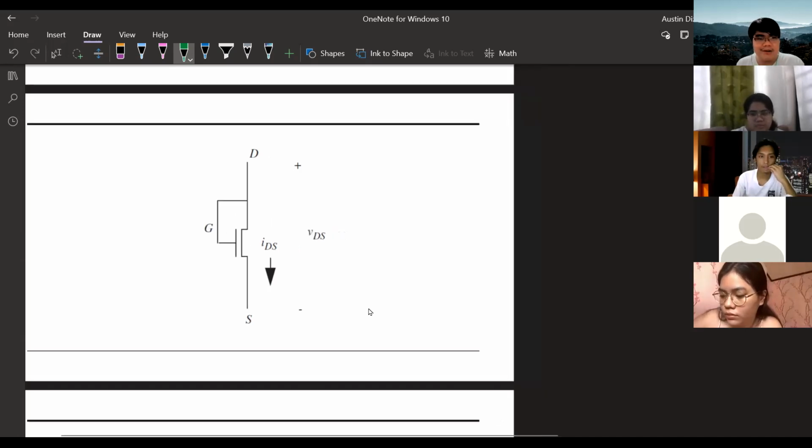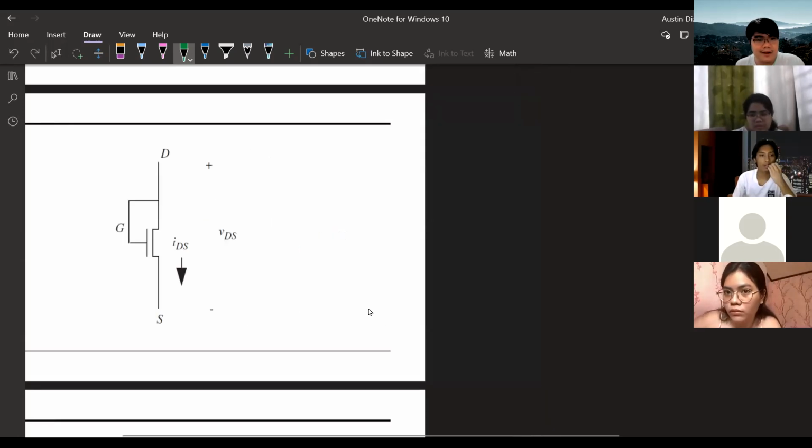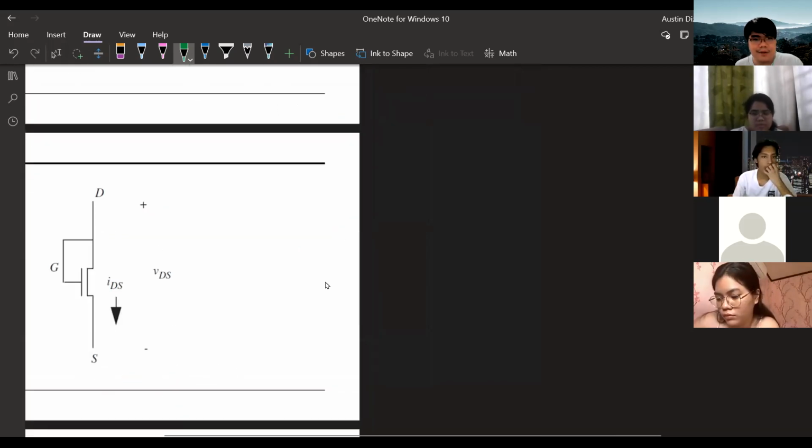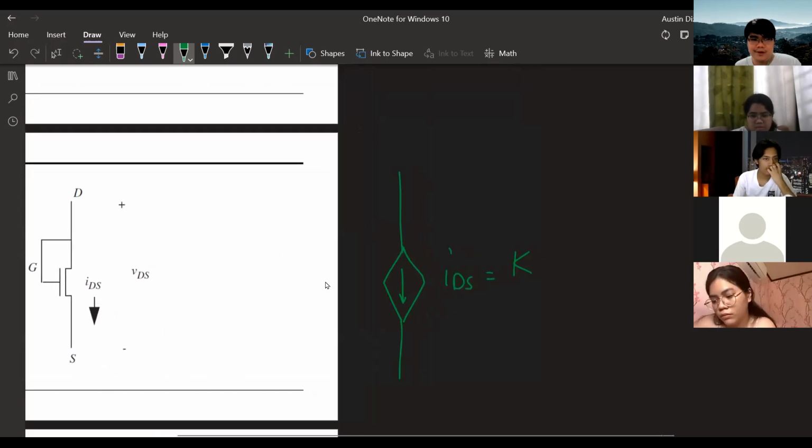MOSFET. Okay. Sorry, nawala na ako. Okay. In some sense, palitan mo to ng dependent current source going down. This and IDS must be given as yung usual mo na VDS na to, kasi VGS is same as VDS.